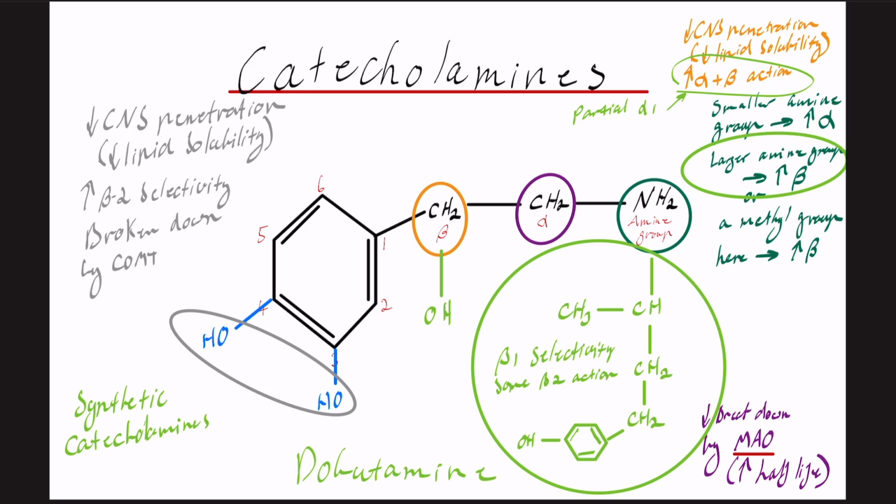Both of the isomers within dobutamine are beta-2 receptor agonists as well, but they're only partial, so they're not very strong activation of beta-2. So overall, dobutamine is a potent full beta-1 agonist. It has some partial alpha agonistic effects and some partial beta-2 agonistic effects.